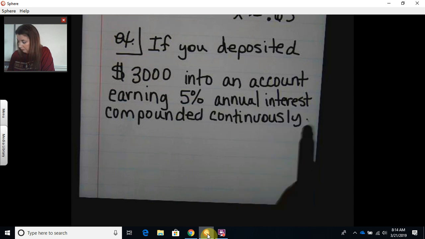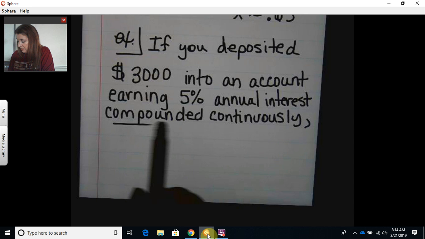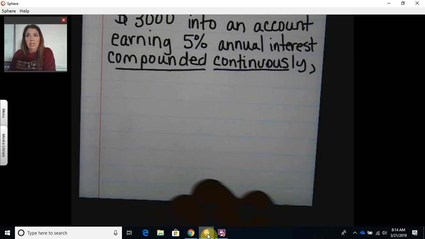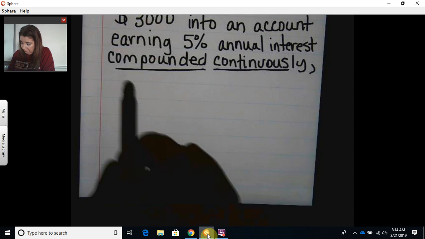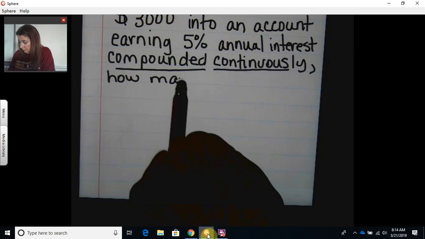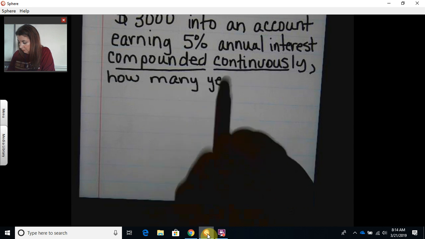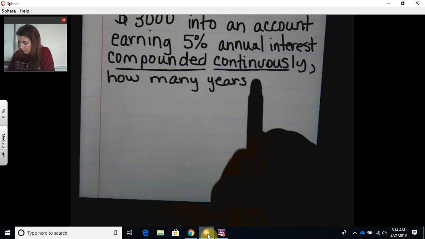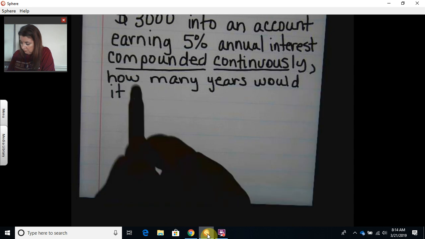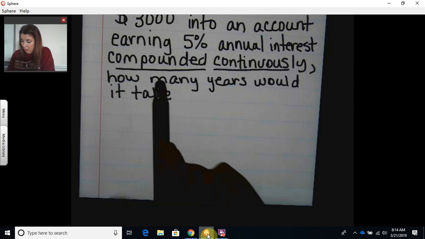Compounded continuously is important because that's a different formula than if it's compounded quarterly or annually or monthly or whatever. How many years would it take to earn $10,000?